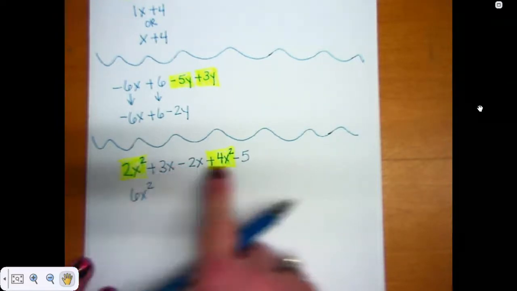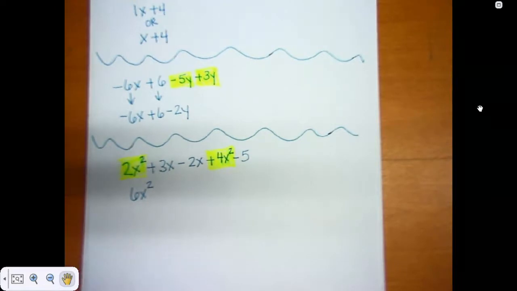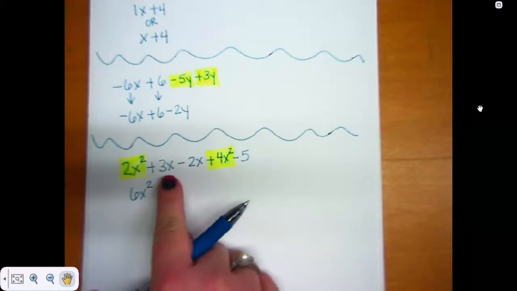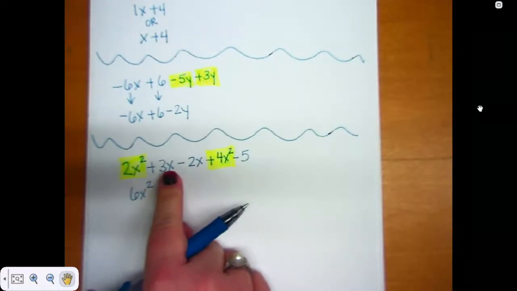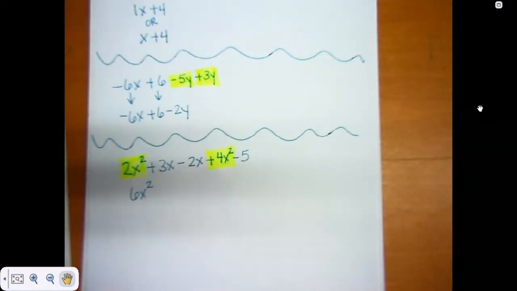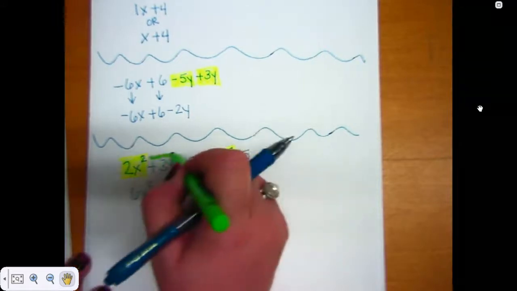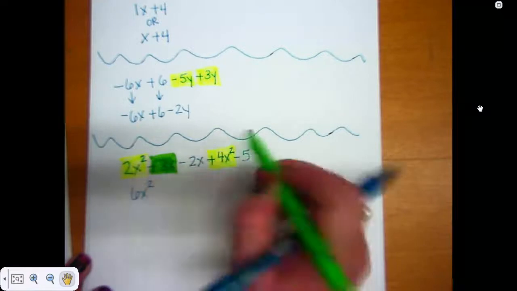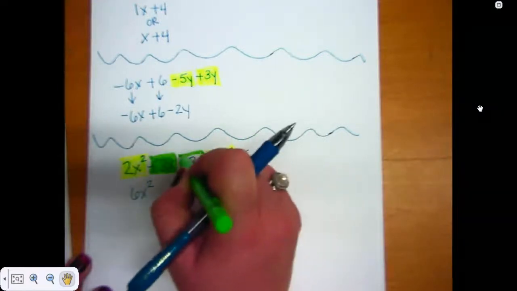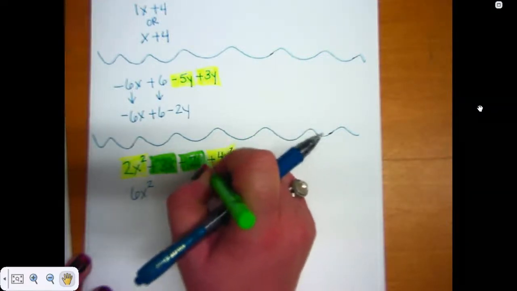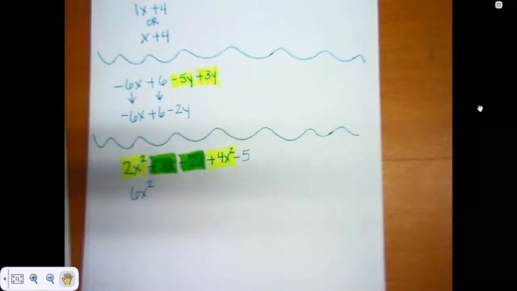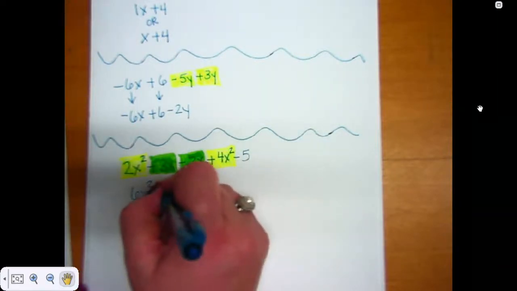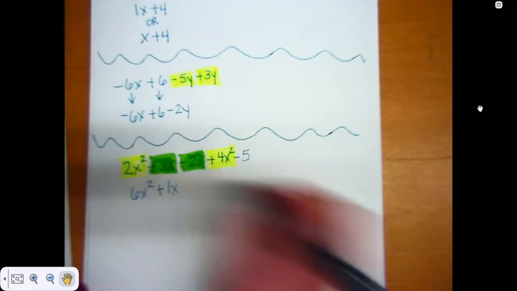I still have numbers up here. So I see that I also have like terms because I have an x and I have an x here. So I have positive 3x and negative 2x, and that gives me positive 1x.